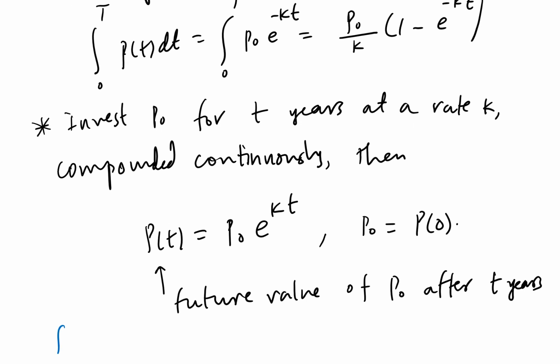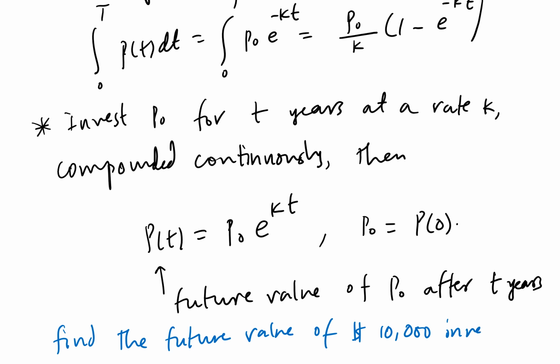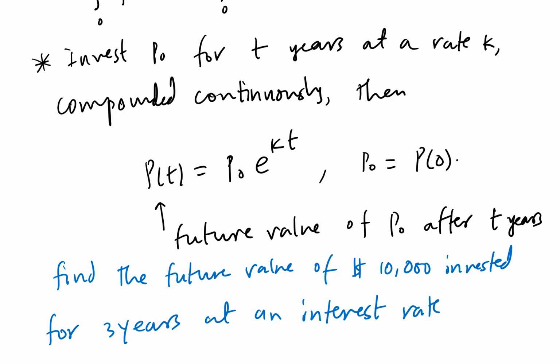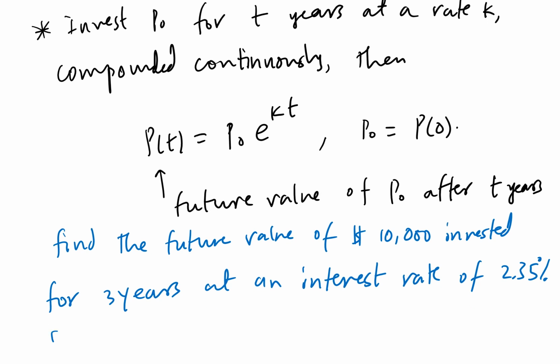As an example, find the future value of, let's say, $10,000 invested for 3 years at an interest rate of 2.35% compounded continuously.